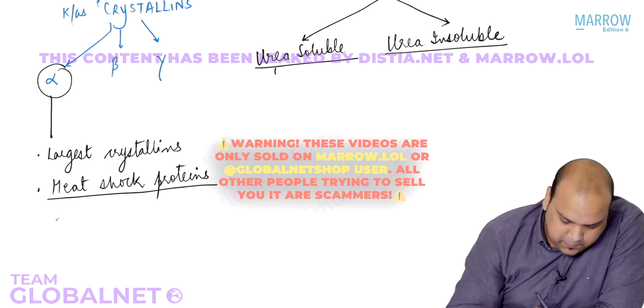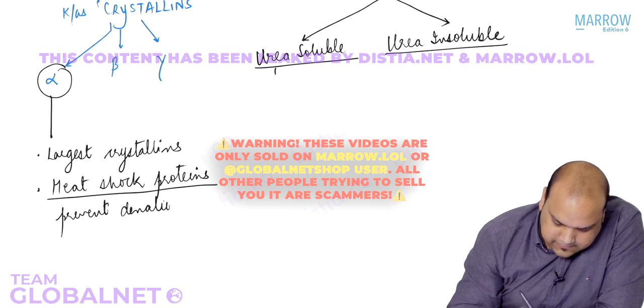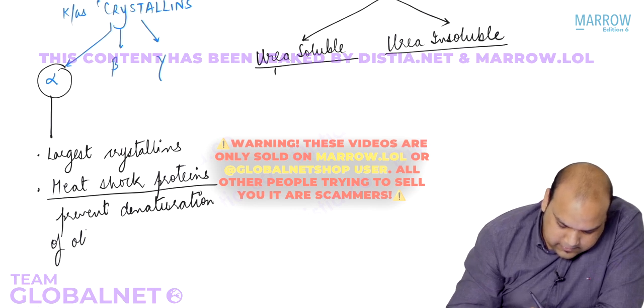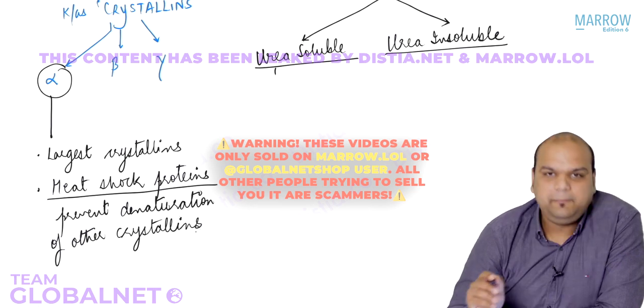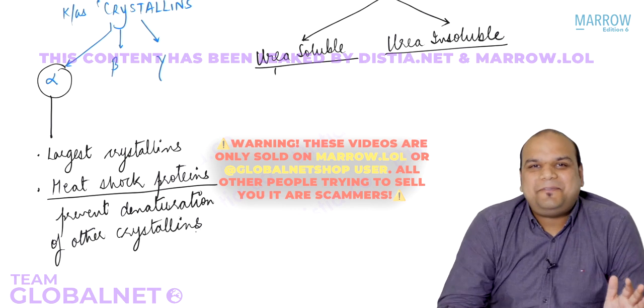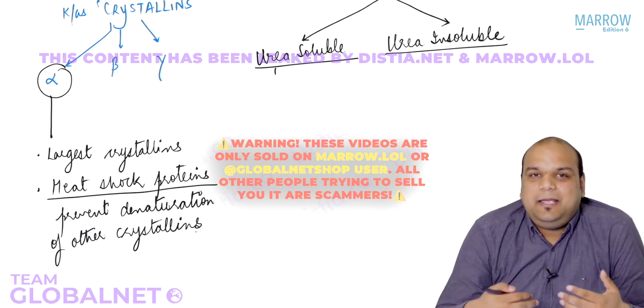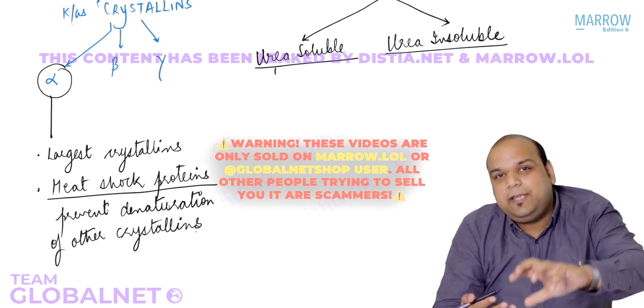So they function to prevent denaturation of other crystallines. Okay. I hope we are clear about this, everybody. Alpha crystallines, they are heat shock proteins. Heat can lead to denaturation.